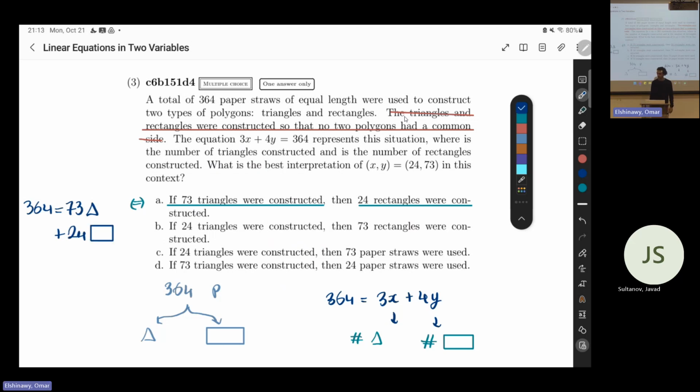This is what it's really saying. So what do you think? Do you think this is correct? No. I don't think it's correct.